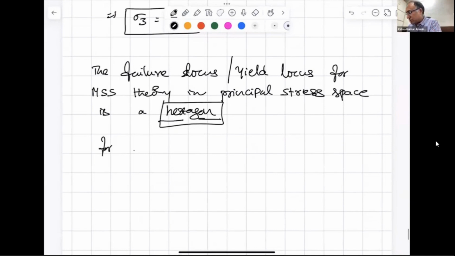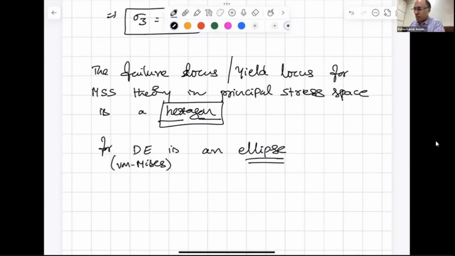For distortion energy theory, the failure surface is an ellipse, which we have seen in the last class. This is also called von Mises theory. Is that clear?